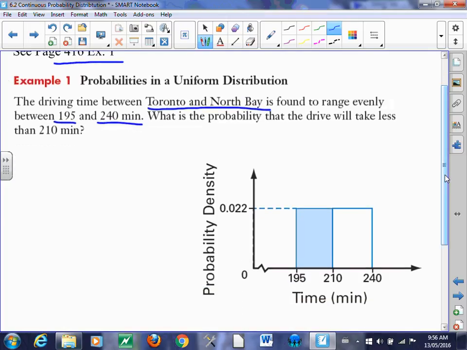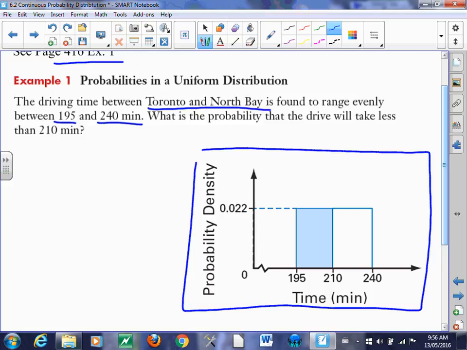What is the probability that the drive will take less than 210 minutes? Instead of giving us a table, folks, they have given us a graph. The time is on the x-axis, and the probability density is given.